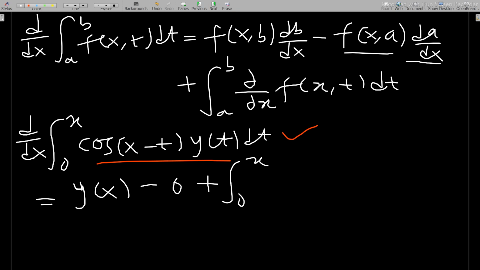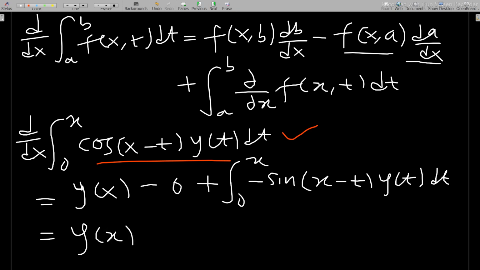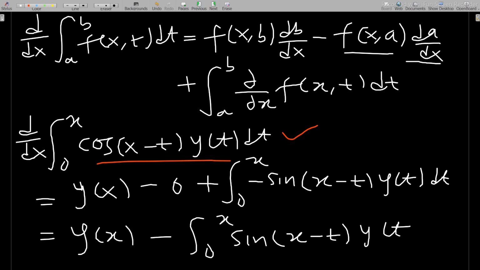Actually, I also have to differentiate whatever is inside the cos, that is the x minus t, with respect to x, and I will get 1. So I'll have minus sine of (x minus t), and y of t dt. That is all. So in effect, we have y of x minus the integral from 0 to x of sine of (x minus t) y of t dt. This is just the differential for this term, okay?